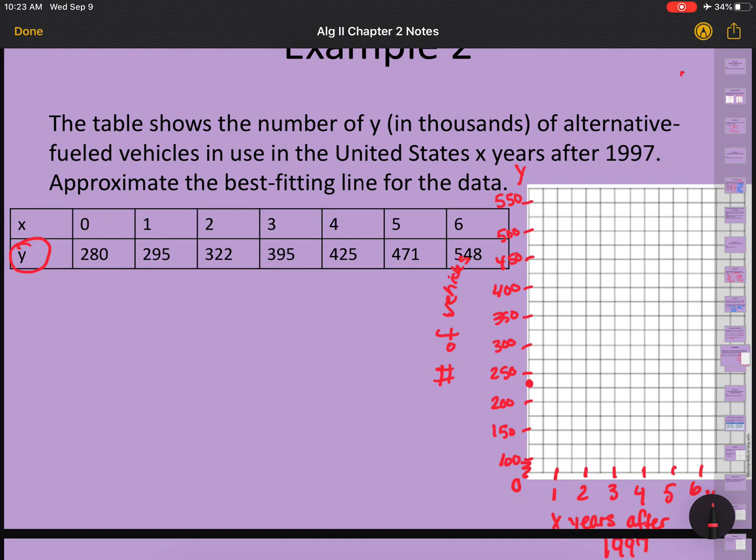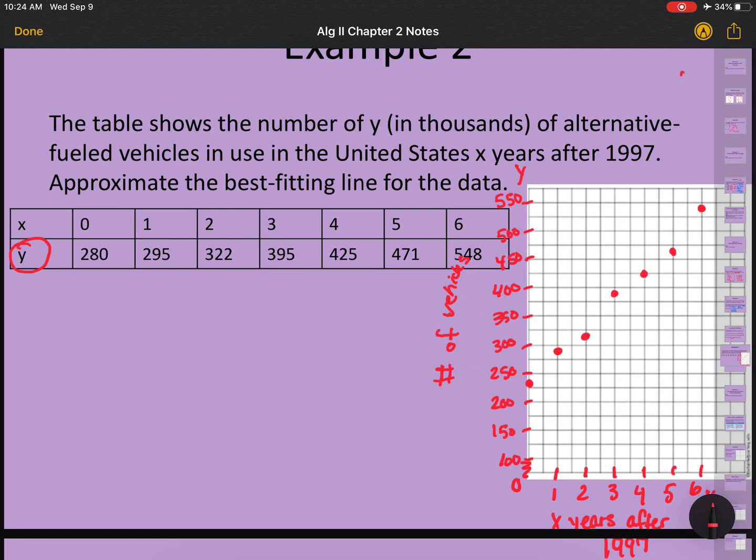And 1, 295. 2, 322. 3, 395. 4, 425. 5, 471. And 6, 548.